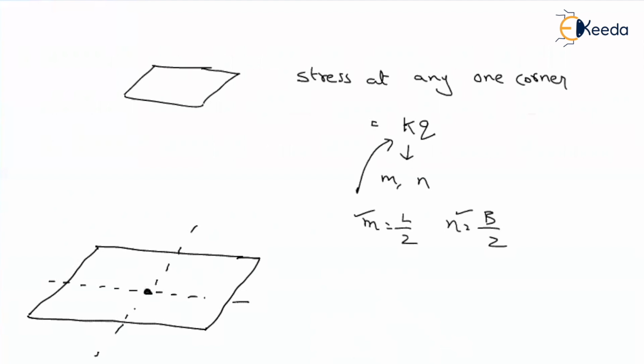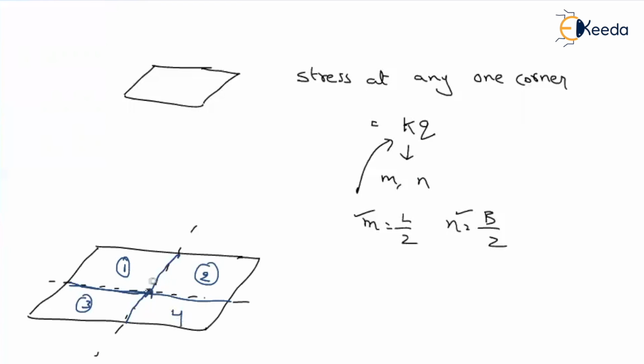So I'll divide this entire rectangle area into a number of rectangles. Imagine this is one rectangle, this is another rectangular area, another rectangle, another rectangle. So how many rectangles do we have? 1, 2, 3, 4.